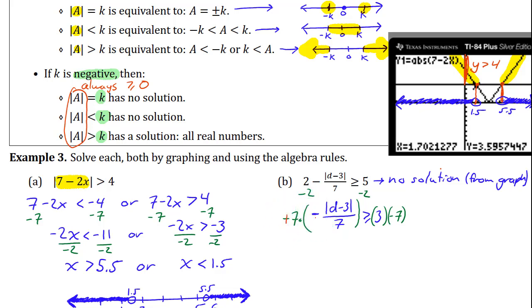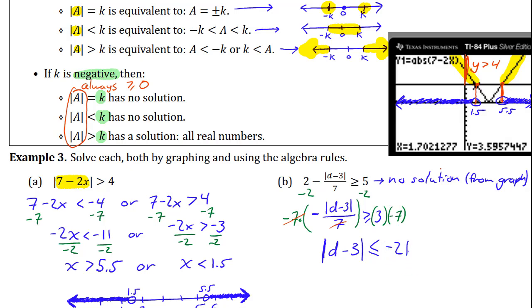And the 7 divided by 7 will also cancel out. So that will just give you the absolute value of d minus 3. Oh, but wait, I multiplied both sides by a negative number. We've got to change the direction of the inequality. That needs to be less than or equal to negative 21.